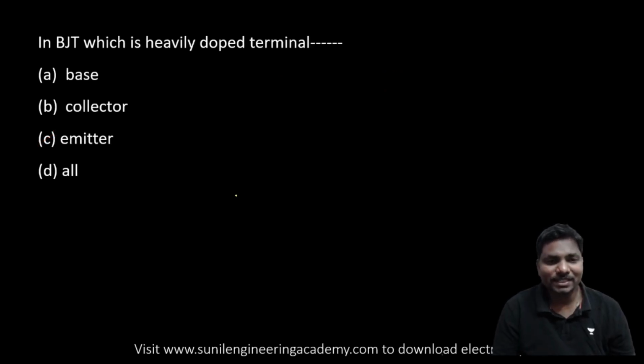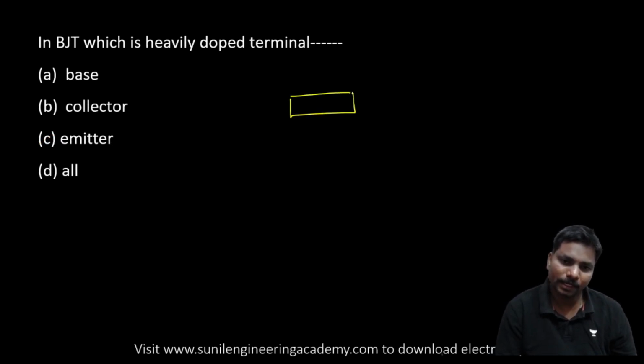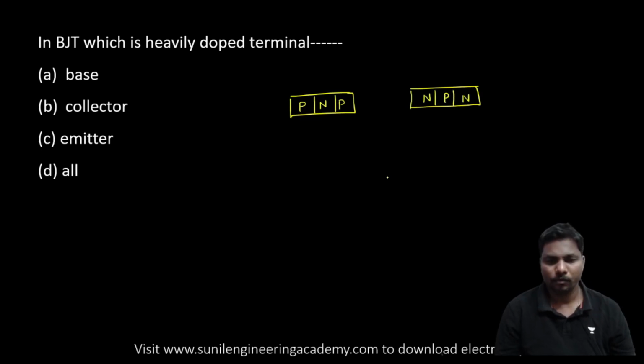In BJT, which is the heavily doped terminal? We know BJT may be either PNP or NPN, so two types of transistors are there, PNP and NPN. Here it is the emitter base collector, EBC concept.